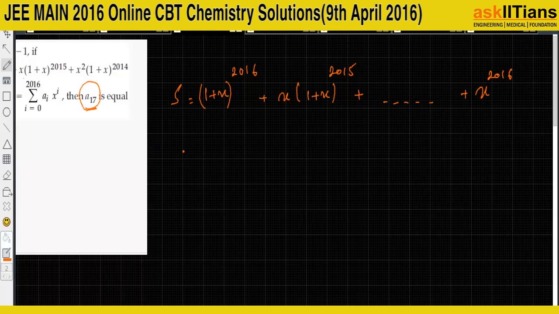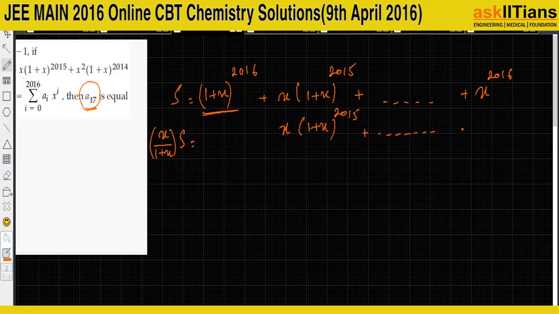So what I can do is multiply the entire expression by x divided by (1 + x) on both sides. So the LHS will become x/(1 + x) times S. Here the first term I will shift by 1 unit. If I'm multiplying this term by x divided by (1 + x), I'll write it here: x(1 + x)^2015 plus and so on.